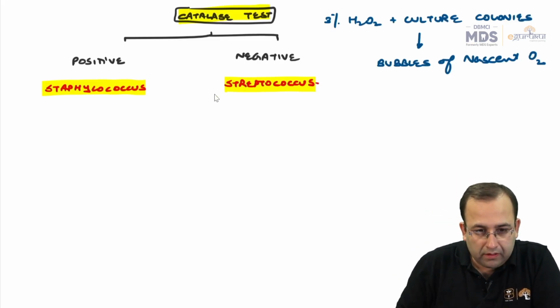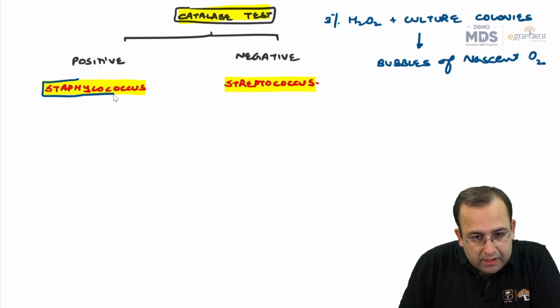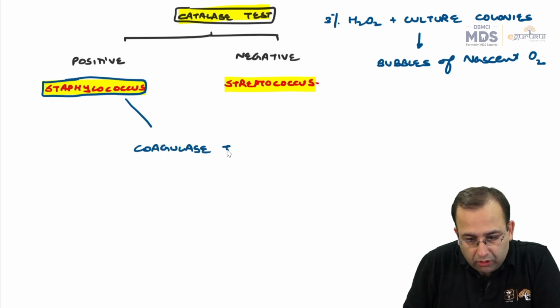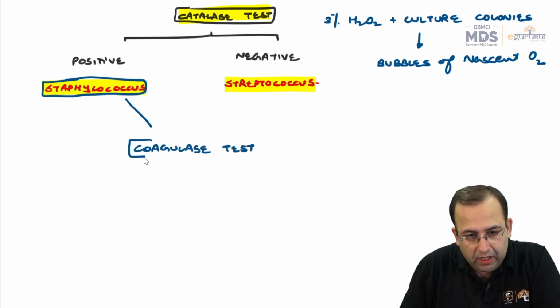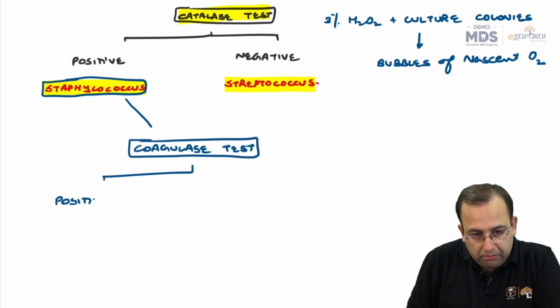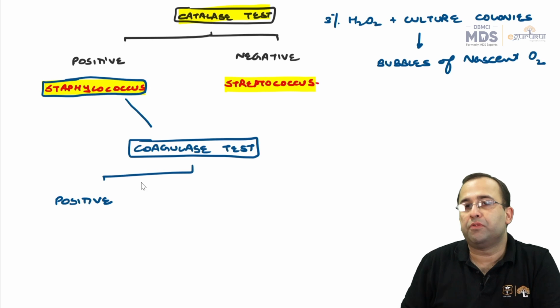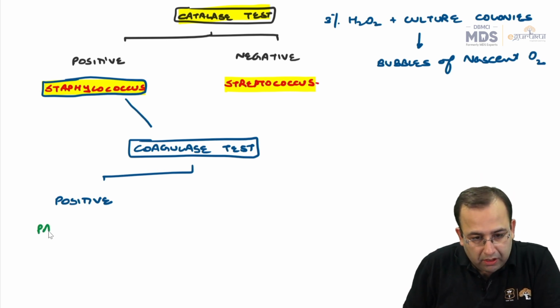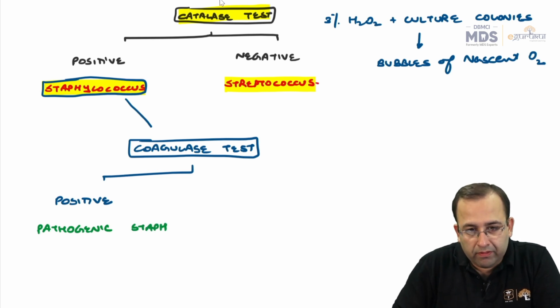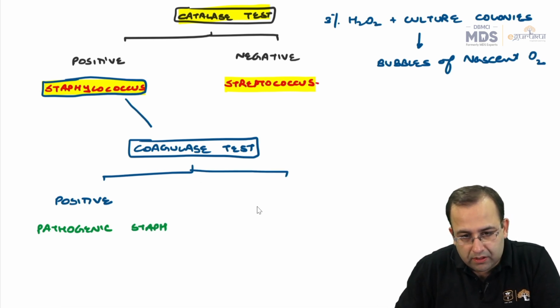Next point, let us start with staph. Staphylococcus, on the basis of Coagulase test, is further divided into Coagulase positive, which is the pathogenic staph, that is Staph aureus, versus Coagulase negative.